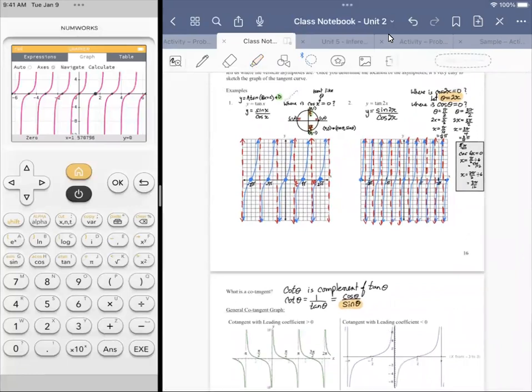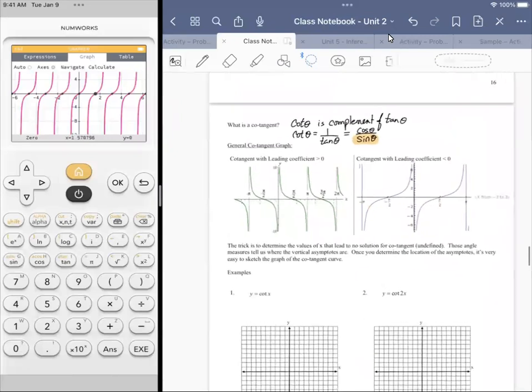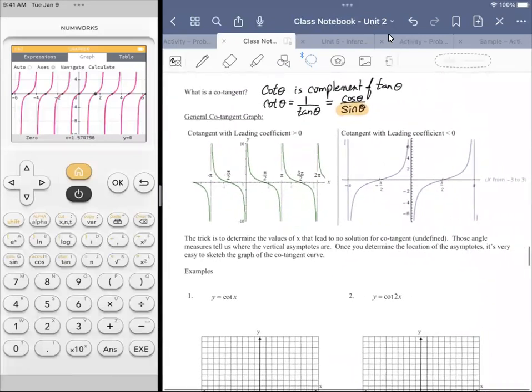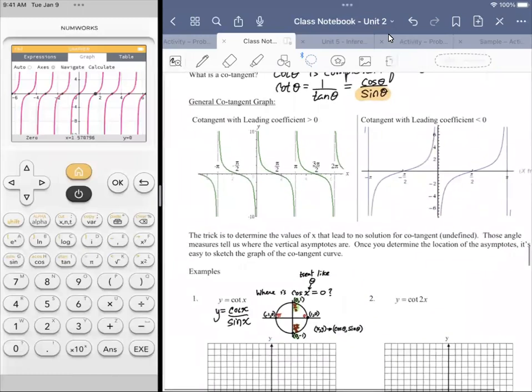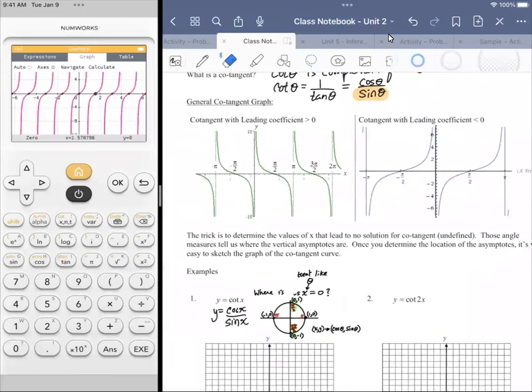Let me grab this, because I know I'm going to need it in a minute. So when I look at the cotangent of x, again, y is equal to cosine of x over the sine of x. We would want to be finding where sine is equal to 0. So I'm going to make a little edit here, stealth edit.